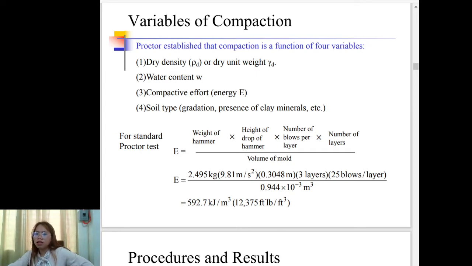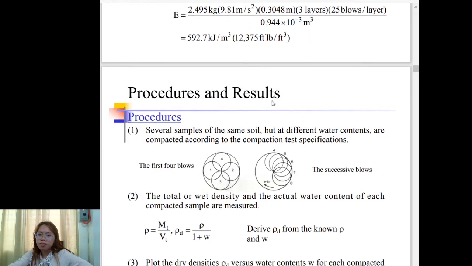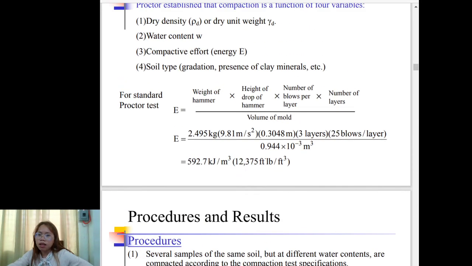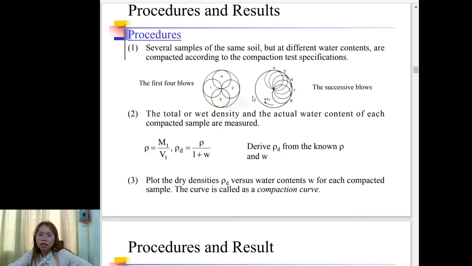So this is the compactive effort calculation. This is just an example, the example of the standard Proctor test.